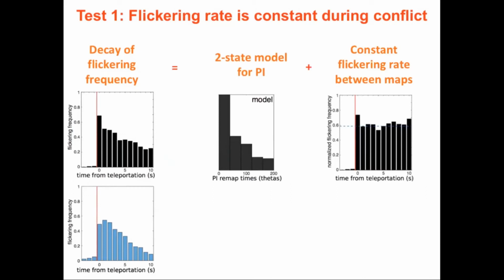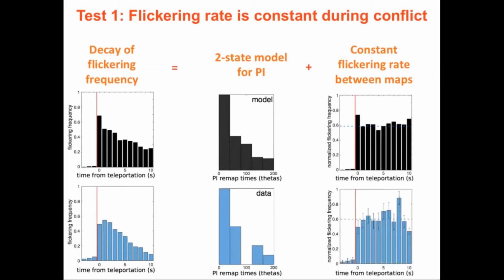And on top of that, when we are in a conflict mode, then we have a time-independent probability of flickering: we can be in map A or map B independently of the time elapsed after the light switch. And in fact, this is exactly predicted by the model, and in very good agreement with what we see in the data.